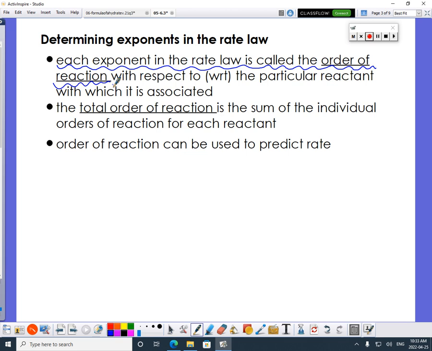It means how its concentration is affecting the rate. You can find the total order of reaction, which is adding them all together. Generally that would be worth 1 mark, very few marks.